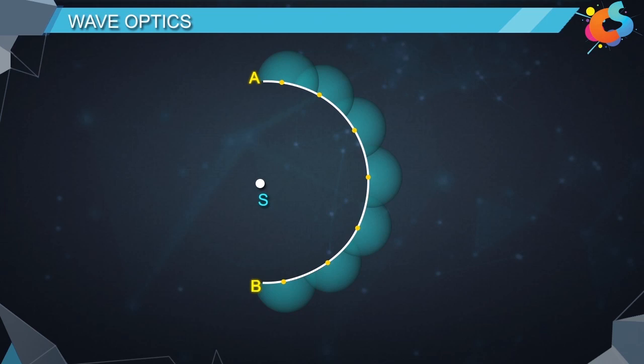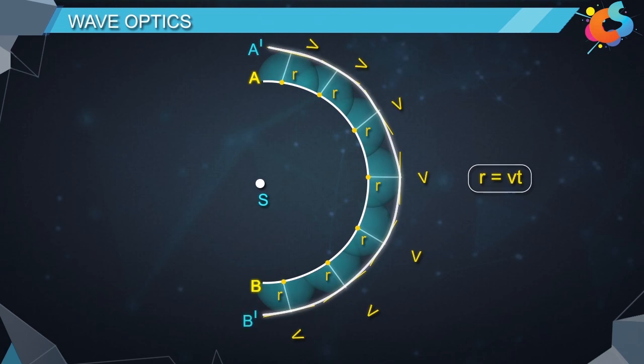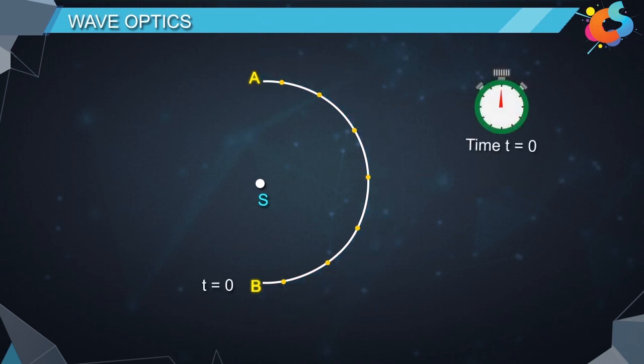If we assume that the medium is isotropic, then the velocity of wavelets will be the same in all directions. The radius of secondary wavelets is given by r equal to v into t. Now, if we draw a tangent to all these waves, we will get the position of the new wavefront A dash B dash. When time t is equal to 0, the radius of secondary wavelets will be equal to 0.